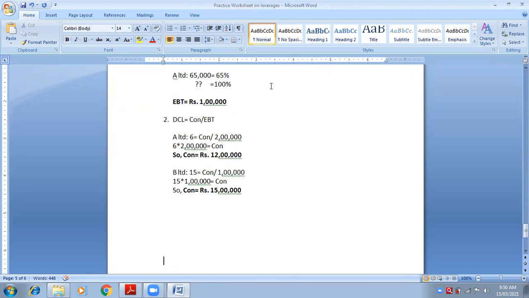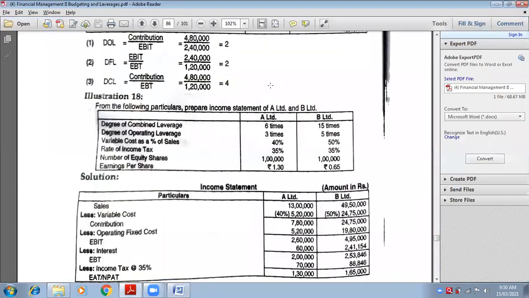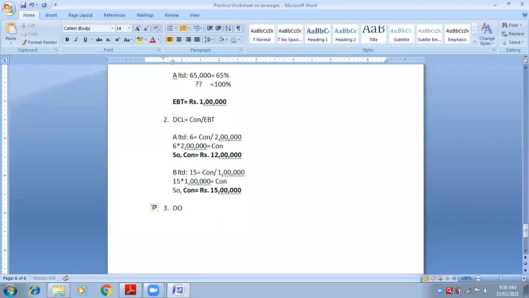Let me just start another one. Third, what is given? DOL is already given. So DOL is equal to, tell me the formula, contribution upon EBIT. Now contribution is given, DOL is given, so EBIT can be found out. It is very easy, you just have to understand the concept.